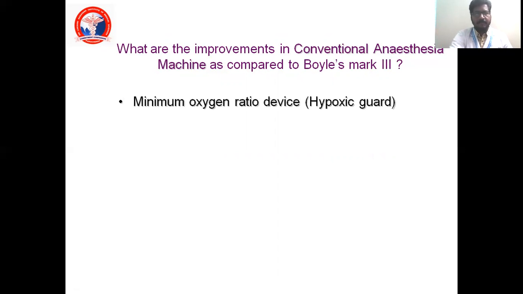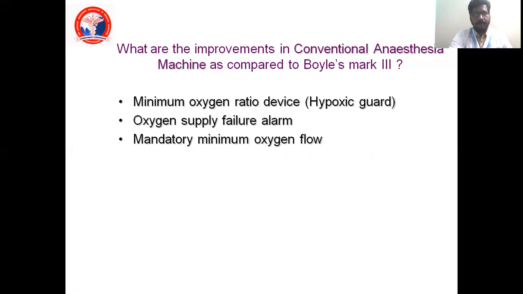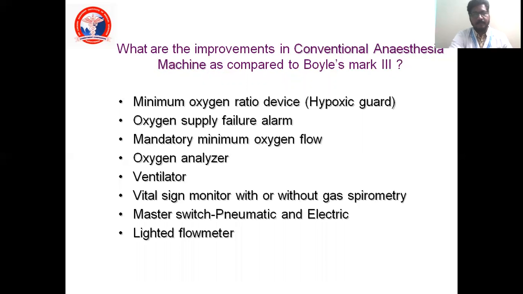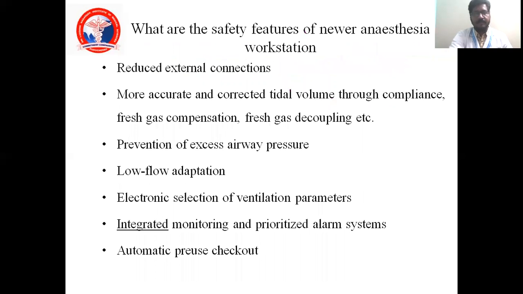It includes a minimum oxygen ratio device, that is a hypoxic guard, an oxygen supply failure alarm, mandatory minimal oxygen flow, that is 125 to 250 ml per minute, an oxygen analyzer, a ventilator, a vital sign monitor with or without gas spirometry, a master switch including both pneumatic and electric, a lighted flow meter, an air flow meter, etc.